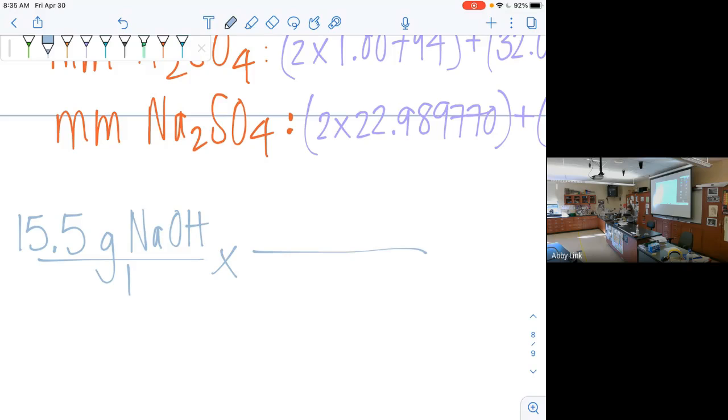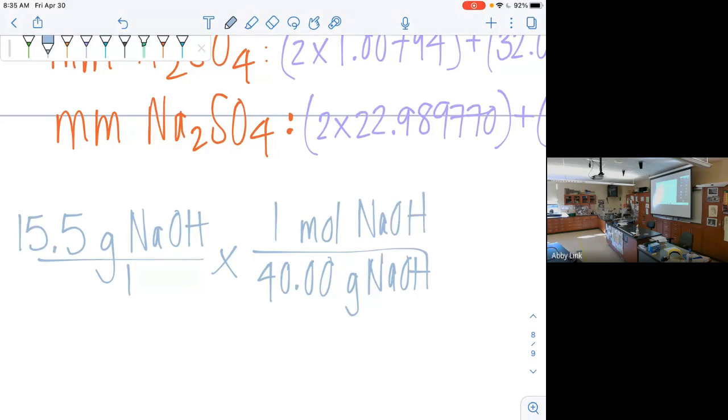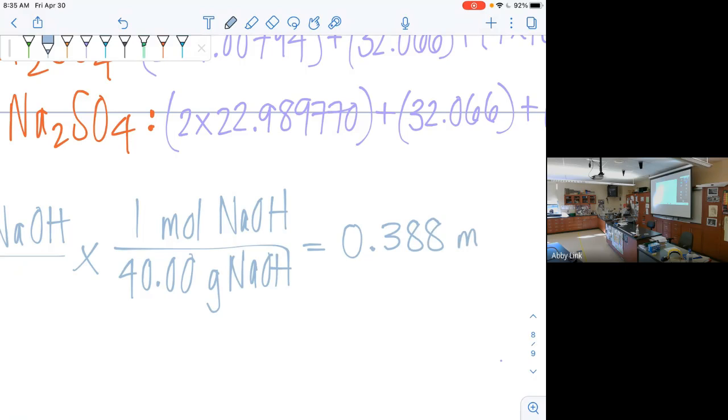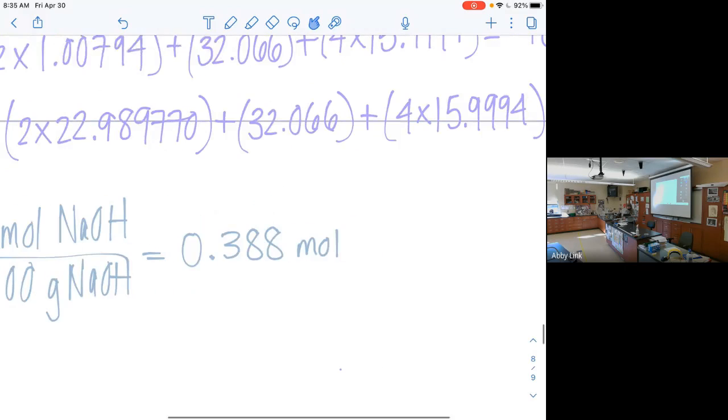I just calculated my molar mass there of 40.00, so I can basically just plug that in. The denominator on the top goes 1 mole. And then we end up with 3 sig figs here, 0.388 moles of NaOH.